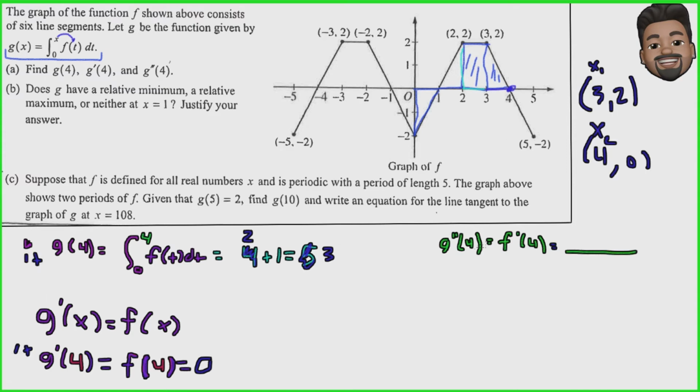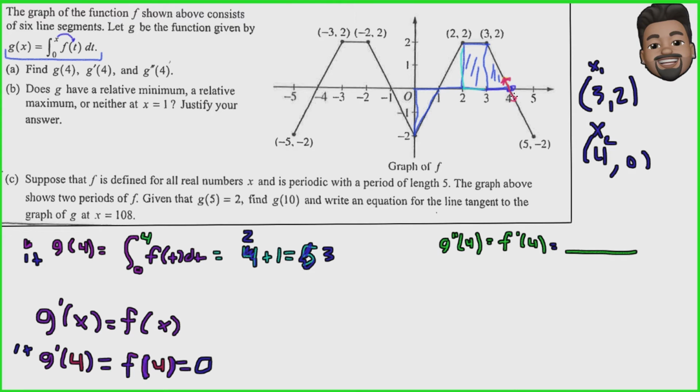For this next one, we're going to take our second derivative. The second derivative is G double prime of 4 equals F prime of 4. We're given the graph of F, so we have to take the derivative at 4, meaning we make our tangent line. Our tangent line is actually just a straight line. What is true about the slope of a straight line, the instant rate of change, is that the derivative is just the slope of this line, because it's just a straight line.